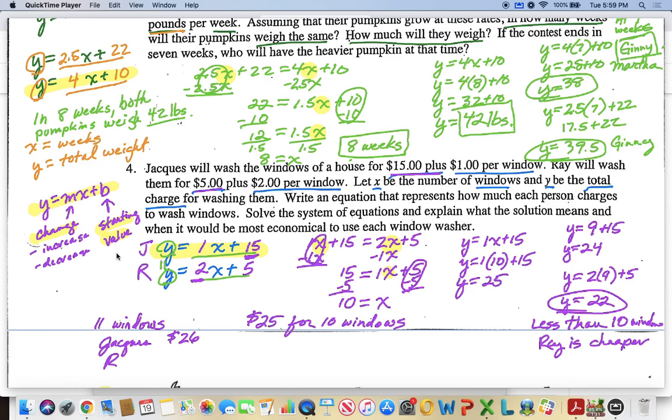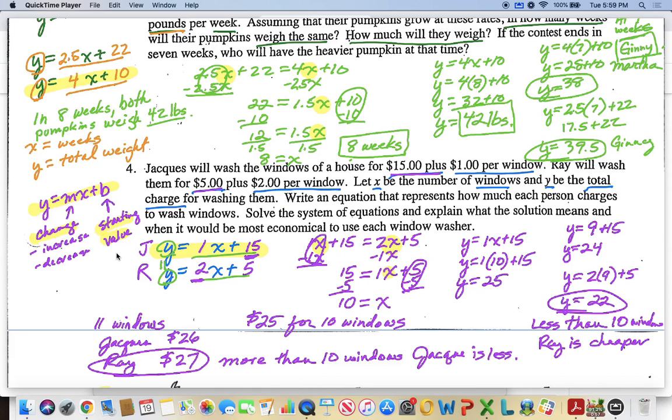But for Ray, if we add on one more window, that's going to be $27. So Ray is more expensive if it's more than 10 windows. Then we would want Jacques, so Jacques is less.